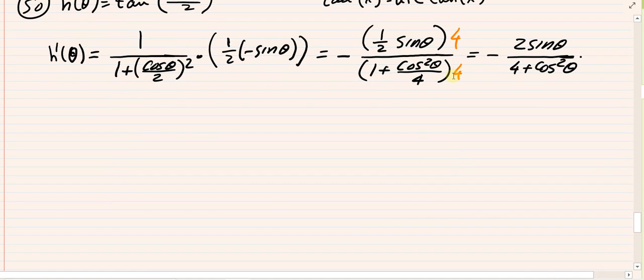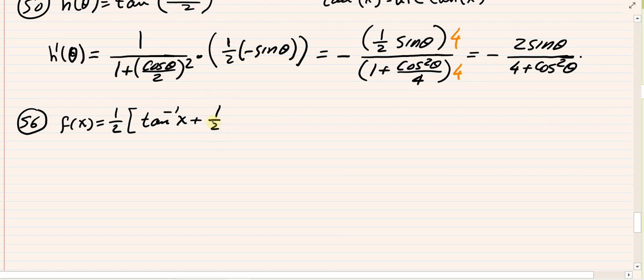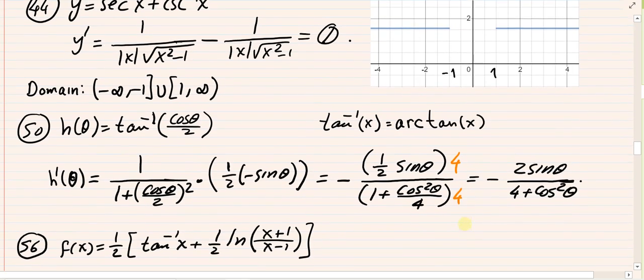So first, let me write number 56. f of x is 1/2 of arc tan x plus 1/2 of the natural log of x plus 1 over x minus 1. Okay, make sure I copied it right again.